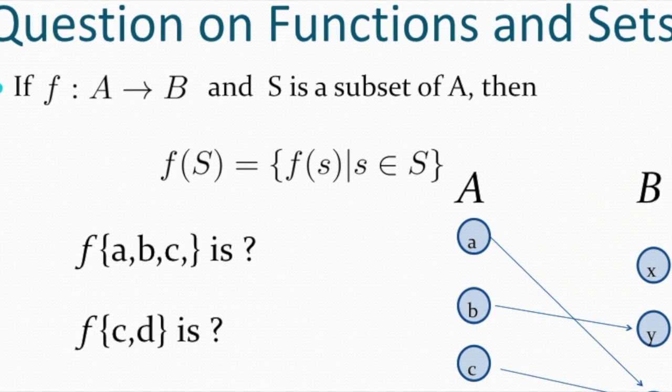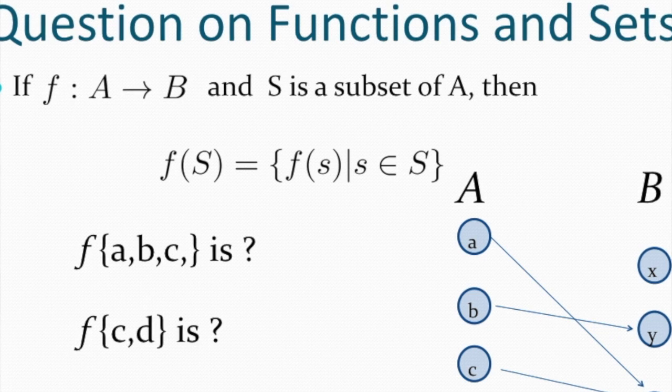Now if I take a subset, not every element in the set A, and I take A, B, and C, and I ask, what is f of A, B, and C?